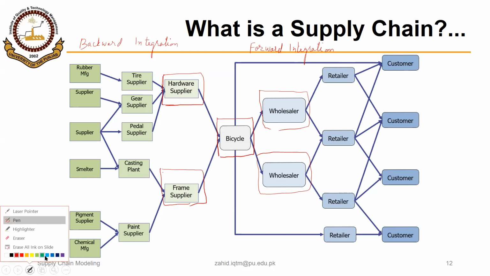Now, from this figure, it looks unclear why it is called vertical integration. But if we draw this figure vertically, or if we see this figure with respect to the flow, and imagine the flow of the product or components to be just like the flow of water from top down, it will be easy to understand the word vertical integration.